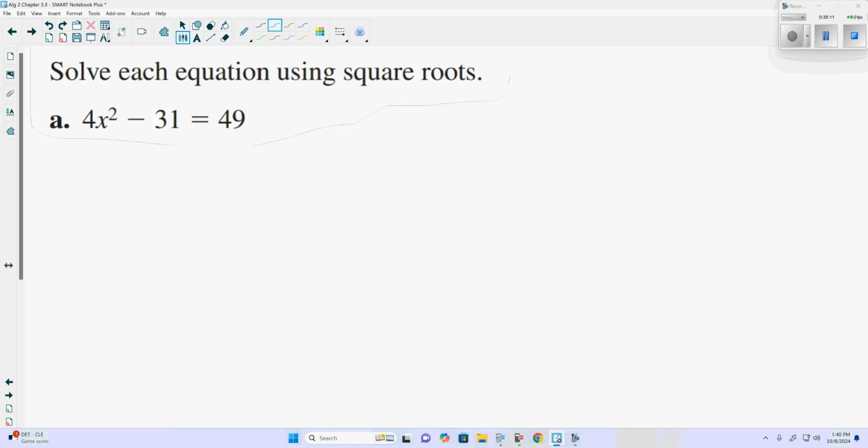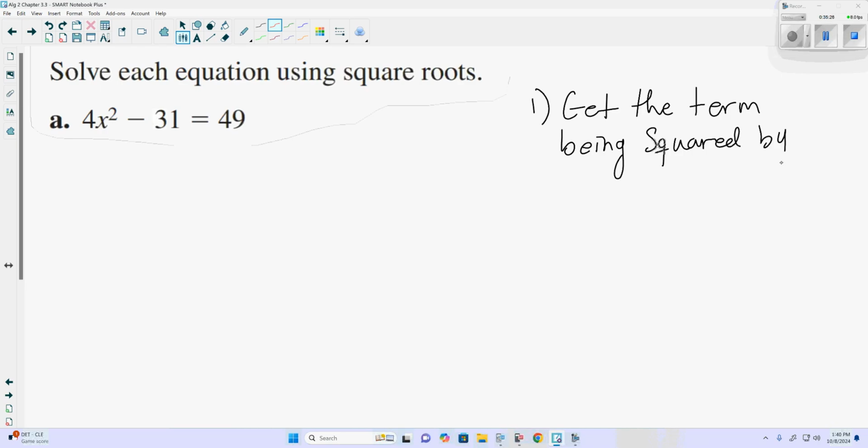First step of the square root method is to get the term being squared by itself.